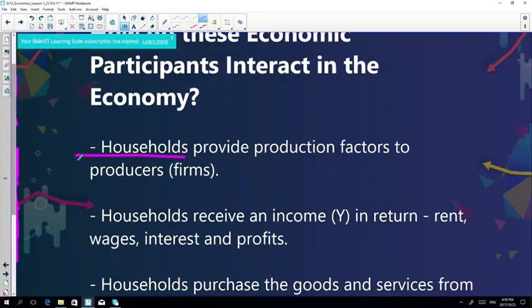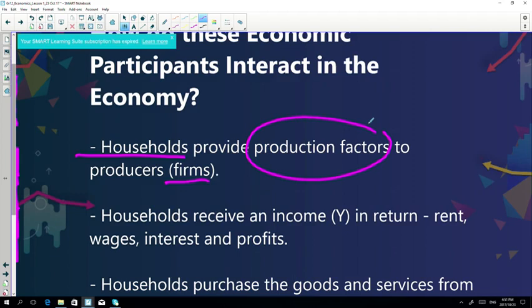So the important thing that we need to note is that households provide the production factors to the producers or the firms. So we have the production factors which I listed earlier on. But the one that they often need from the households is the labor, because you need people to actually make or to manufacture products.